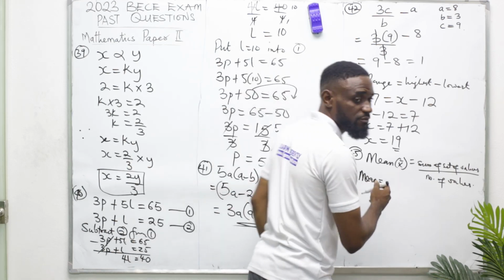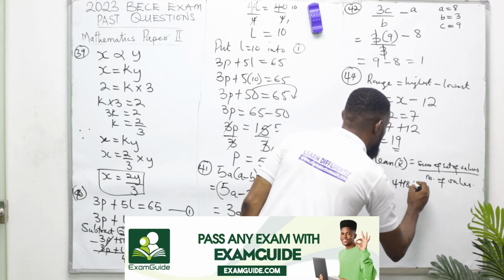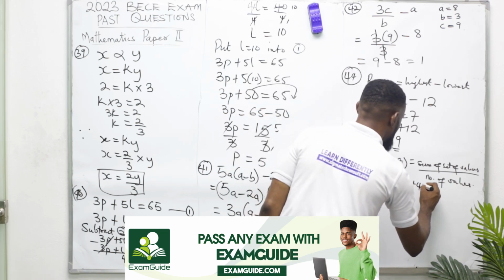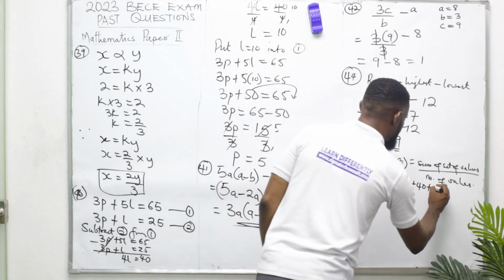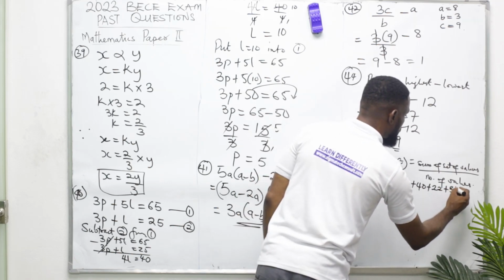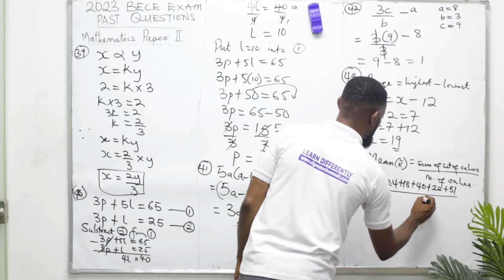So mean is 24 plus 18 plus 40 plus 22 plus 31 all over 5.